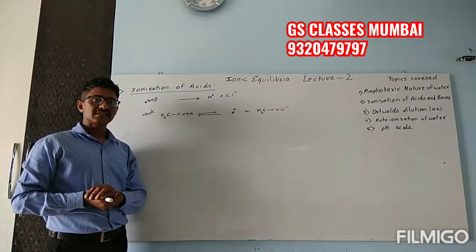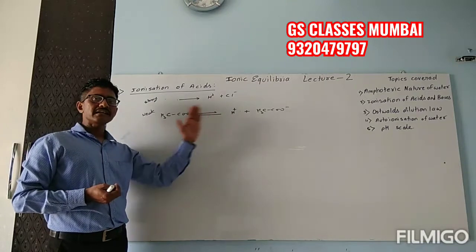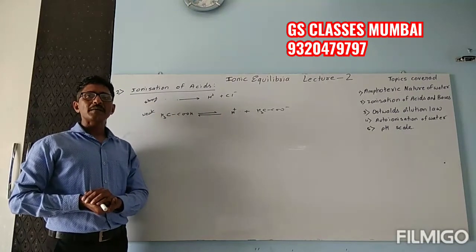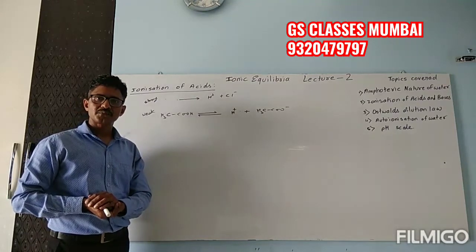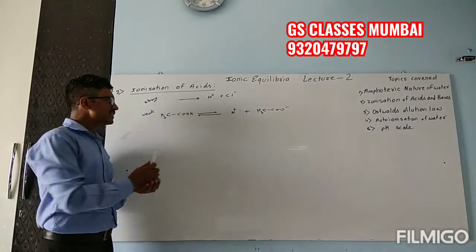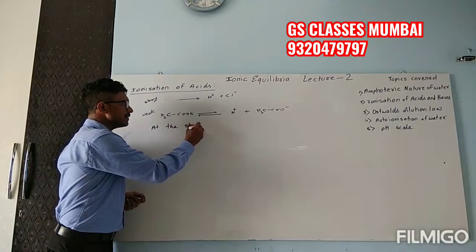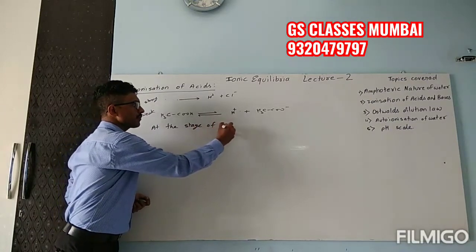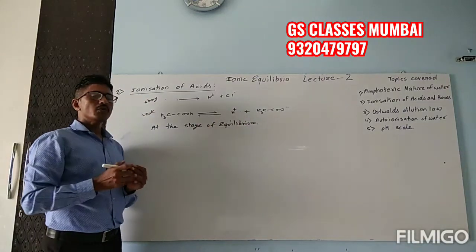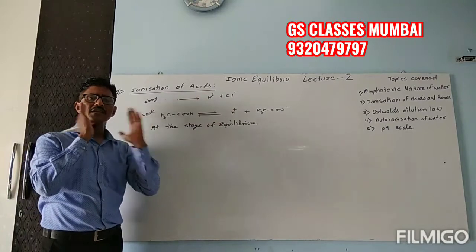And since concentrations on neither side are changing, we say that now equilibrium has been established. So we use the phrase at the stage of equilibrium, when the rate of forward reaction and the rate of backward reaction become equal.